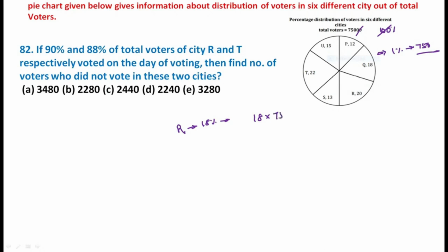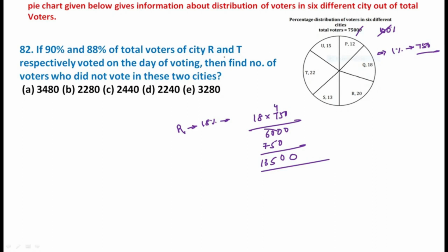You can multiply, guys: 0, then 8 fives are 40, 7 eights are 56, plus 4 is 60, again 0, 5, 7. The total value is 13,500. Now you get the total number of voters in city R as 13,500.